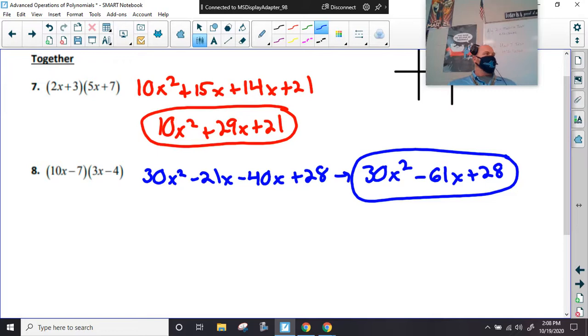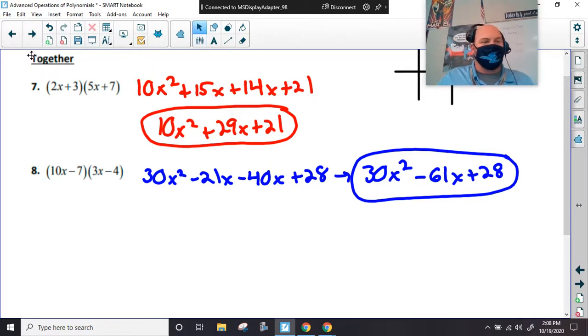Now, I guarantee you, if I would have been shown the table method first, I probably would have been all over that like a fat kid on a cupcake, because I love being able to set stuff up where I can see it. At that point in time in my life, when I was taking algebra, I loved when they'd hand out tables to use. I was like, yes, because I love the tables. It made life easier.